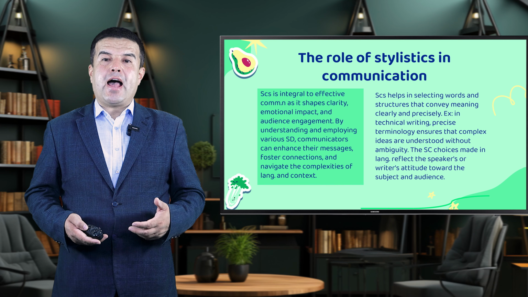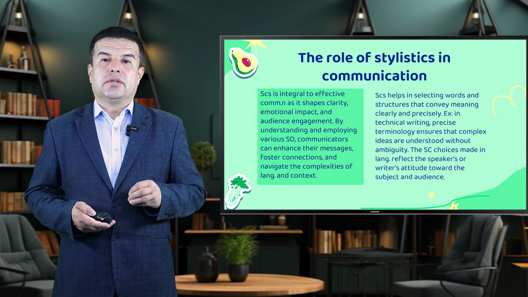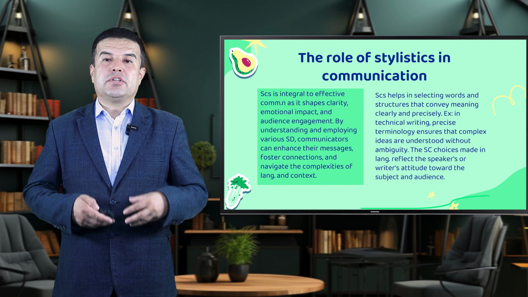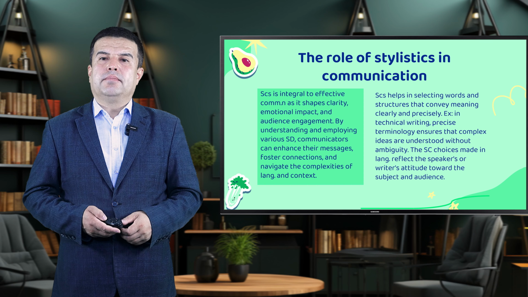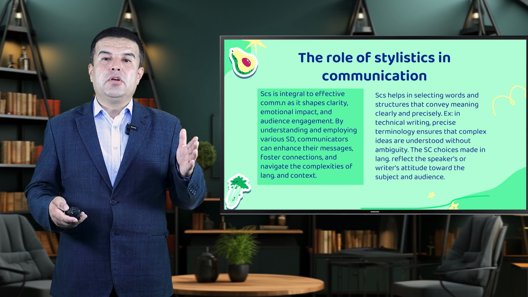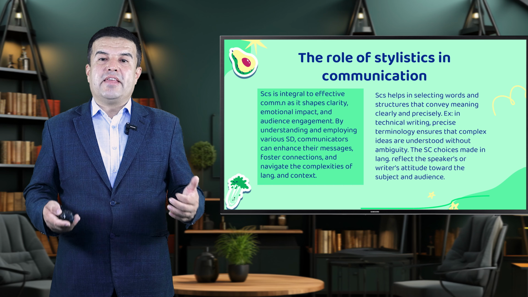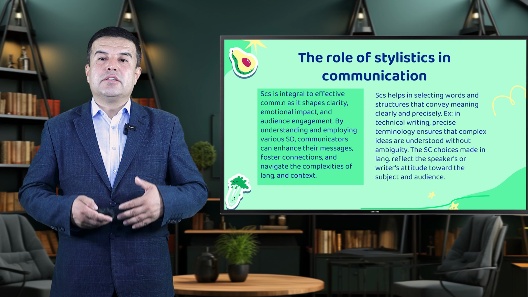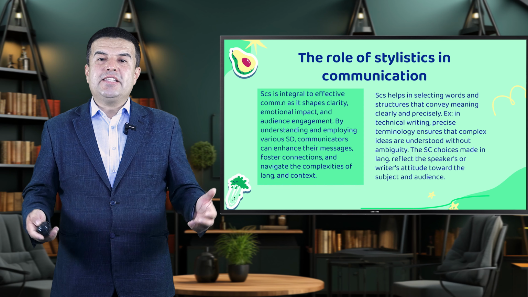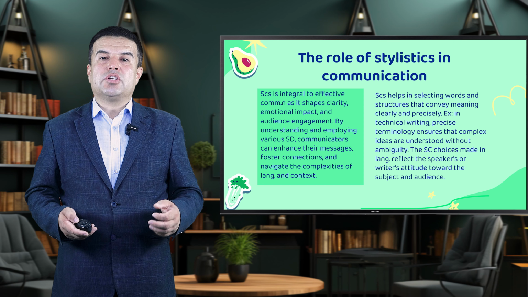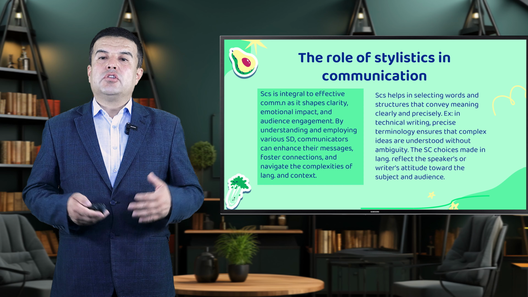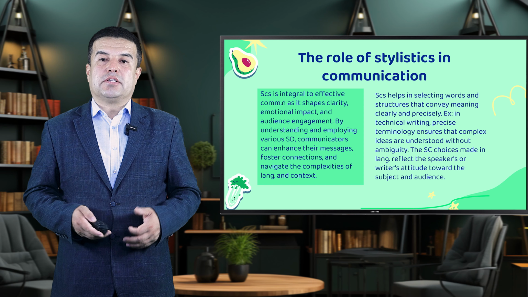Stylistics helps in selecting words and structure, and conveying meaning clearly and precisely. For example, in technical writing, precise terminology ensures that complex ideas are understood without ambiguity. The stylistic choices made in language reflect the speaker's or writer's attitude toward the subject and audience.